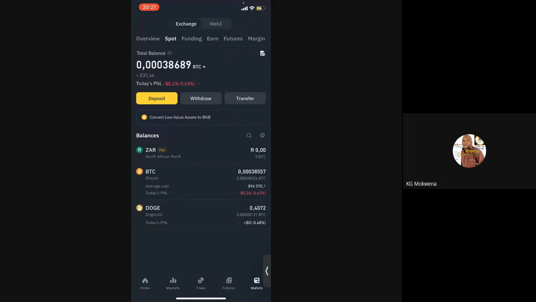But what we're going to do is convert this also to USD. Because this is also a tutorial, so that those who watch can see what it is. So we are trading the USDT market.